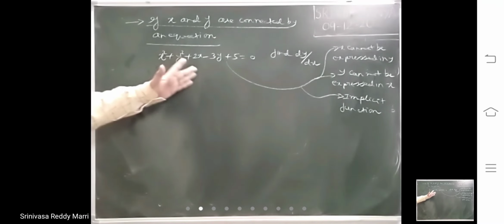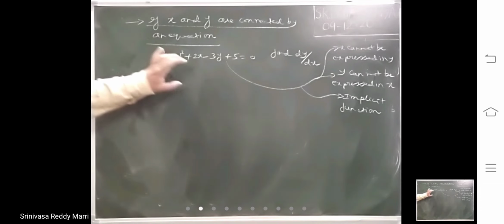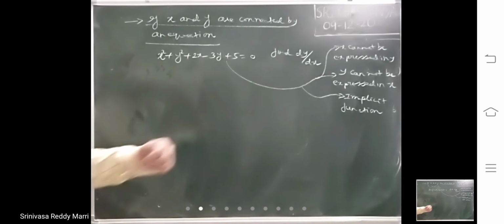You cannot express y in terms of x and x in terms of y directly. Such type of equation is called an implicit function. Okay, just the name is there.